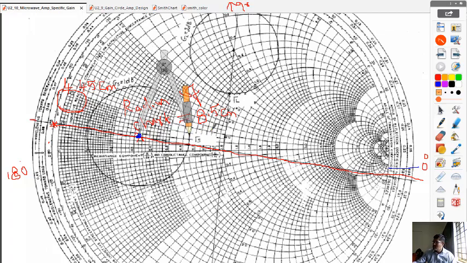Now you have a radius 2.6 centimeter, and the center of the circle is at 4.45 centimeter from the middle or center of the Smith chart. Now you draw a circle.